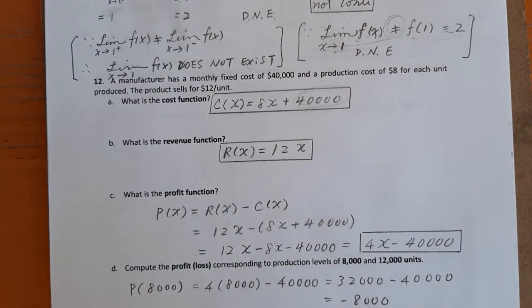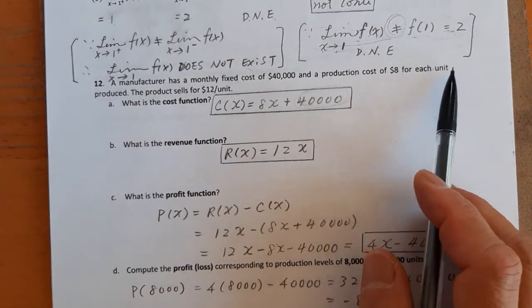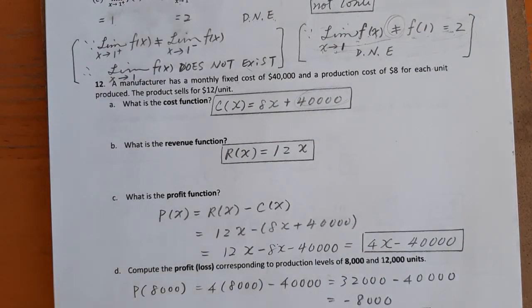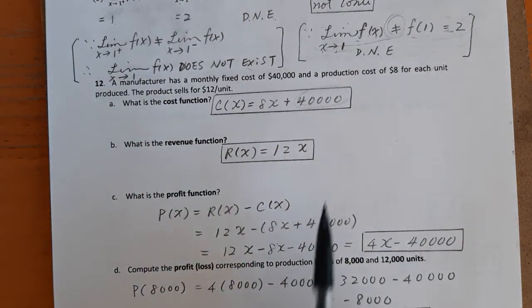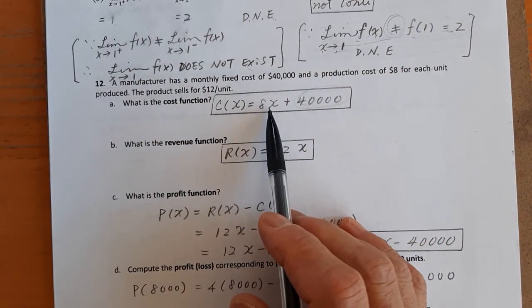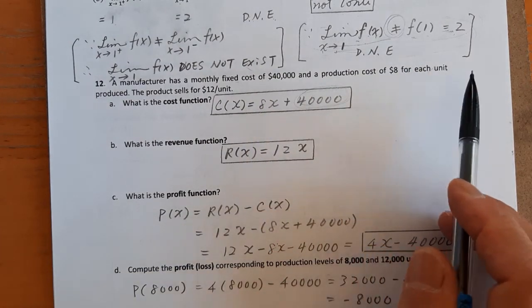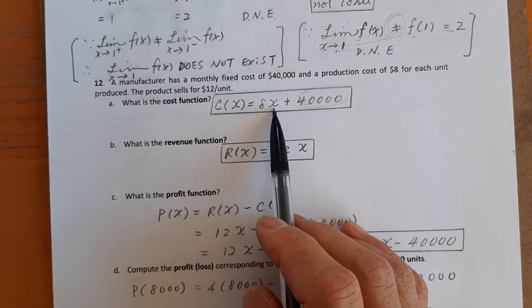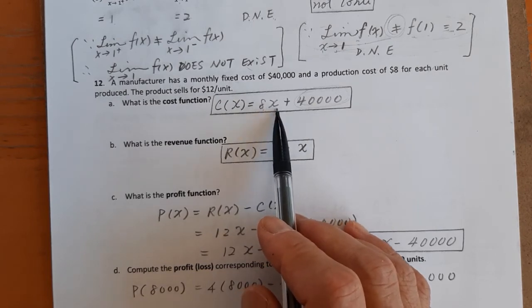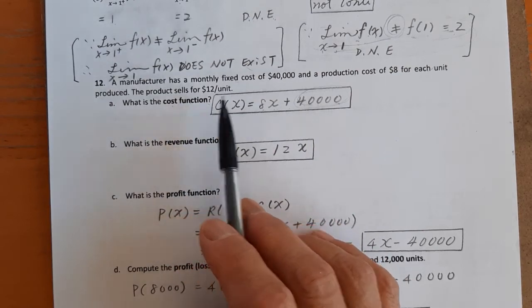That's a fixed cost, $40,000. And the production cost for each unit produced is $8. If 1 month produces x units, the cost is 8 times x plus $40,000.